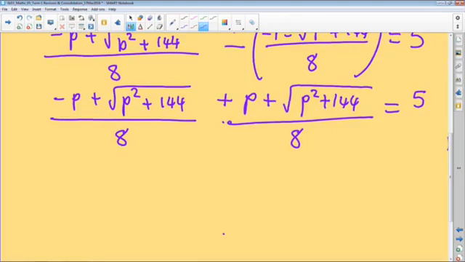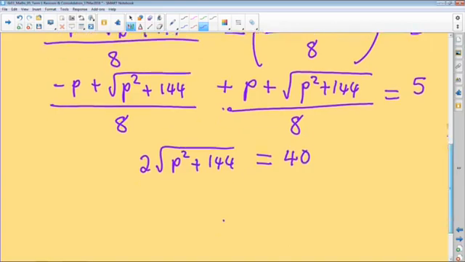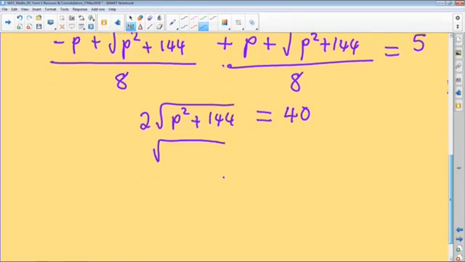The square root of p squared plus 144, and the square root of p squared plus 144, those two are like terms. So you're going to get 2 square root of p squared plus 144 equals 8 multiplied by 5, that gives us 40. And then you've got your square root of p squared plus 144 equals 20, dividing by 2 throughout.